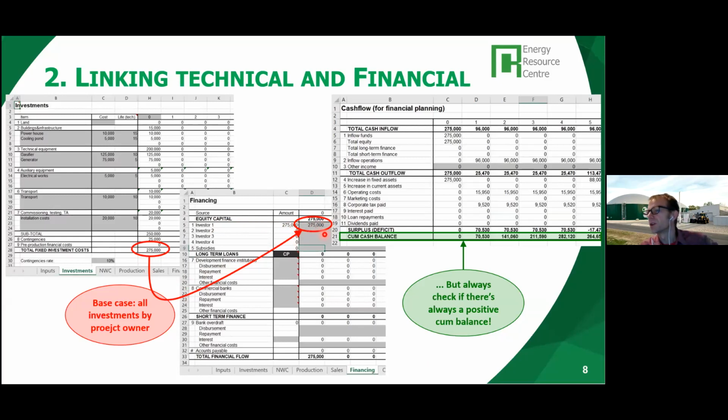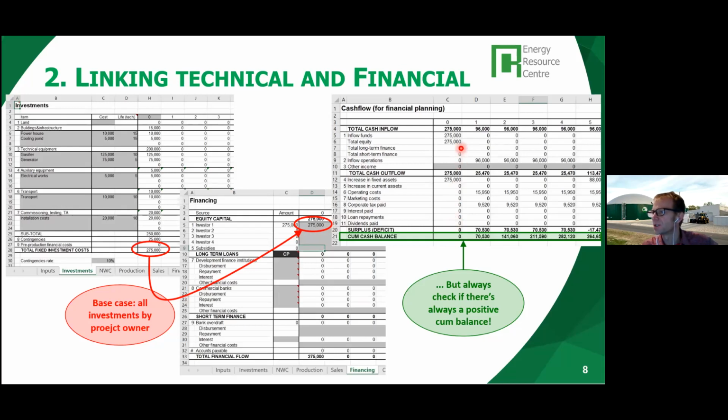And then we also check in the next sheet, the financial planning sheet, if the amount of equity, the total amount of financing made available, is enough to cover all of the costs.